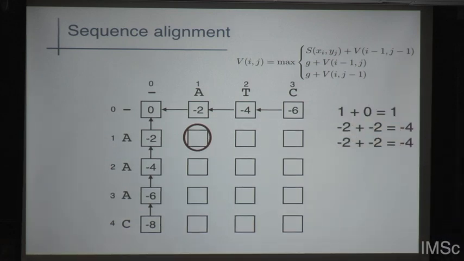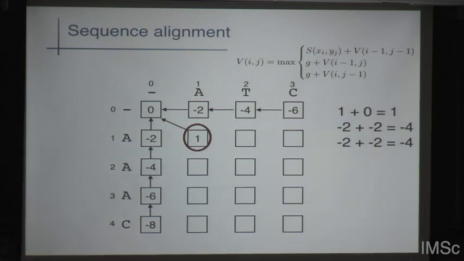You remember the scoring matrix, right? If the letter matches, then it's a 1. If it does not match, it's a -1. If it is put with a gap, it's a -2. So you get a 1 plus 0, because 0 is where nothing is aligned to anything. The minimum is 1, so you fill it in.